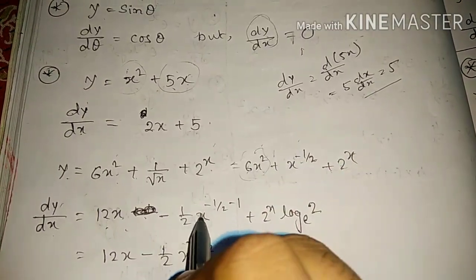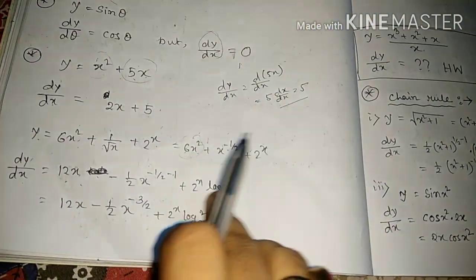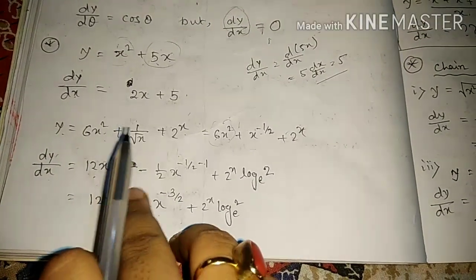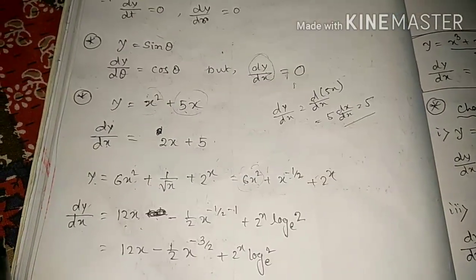Then minus half, x to the power minus half minus 1. And 2 to the power x follows the rule for a to the power x, so 2 to the power x log 2. After solving we have 12x minus half x to the power minus 3 by 2 plus 2 to the power x log 2.